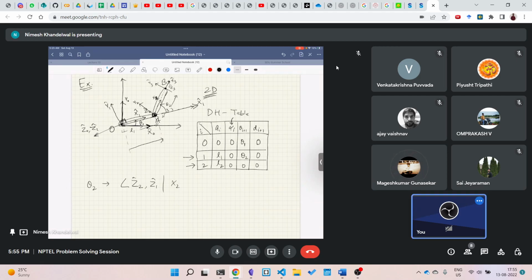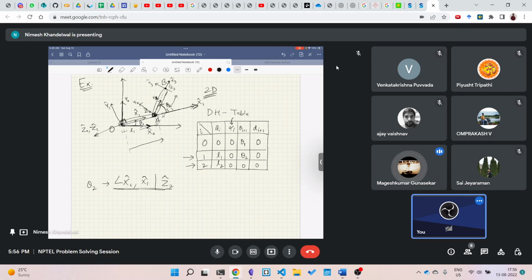Angle between x2 and x1 as measured about the z. So this is how we get it, because we have defined our x2 here and our x1 has been defined here, and we have said that the angle between them is theta 2.